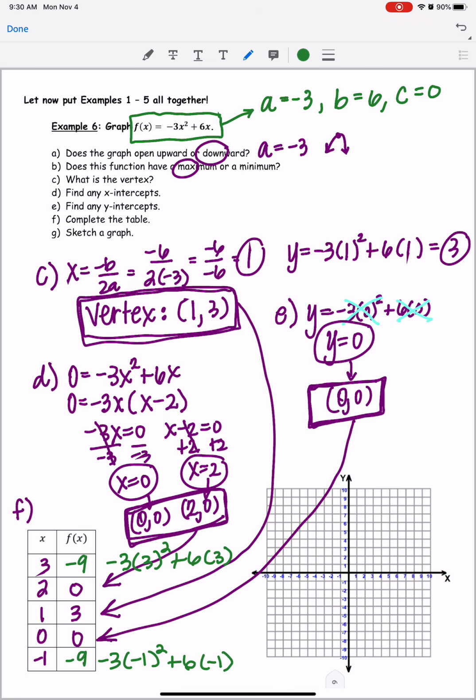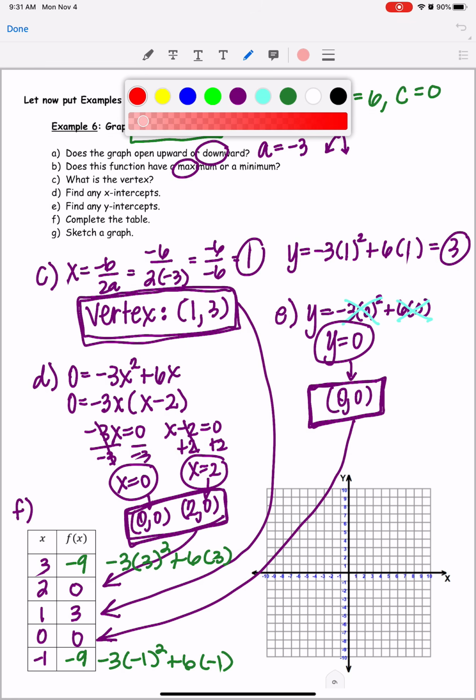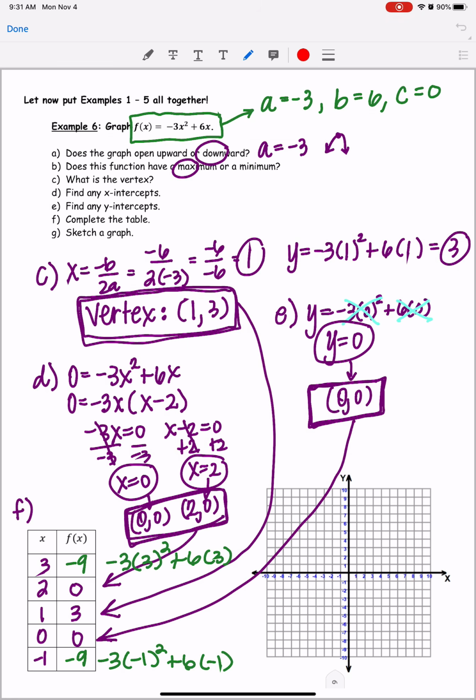So now G, sketch a graph. So 3 and negative 9, 2, 0, 1, 3, 0, 0 in the origin, and negative 1, negative 9.